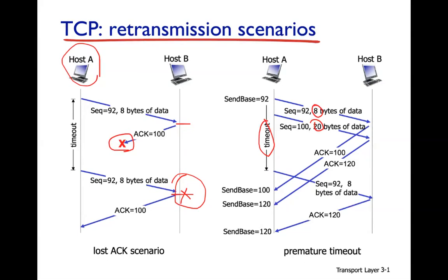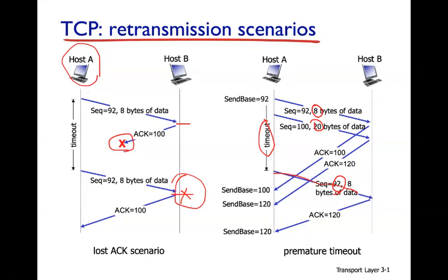So host B gives me the feedback, but the delay is too long for the ACK to come to host A. So you will get timeout. So host A will retransmit the sequence number 92.